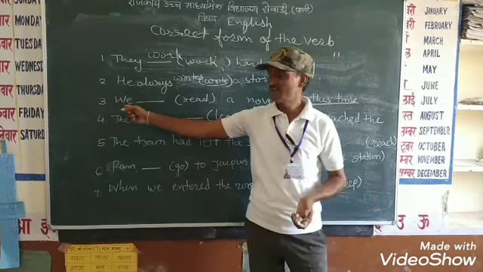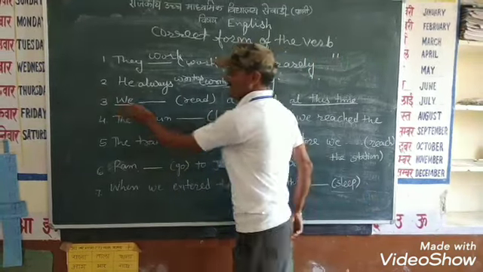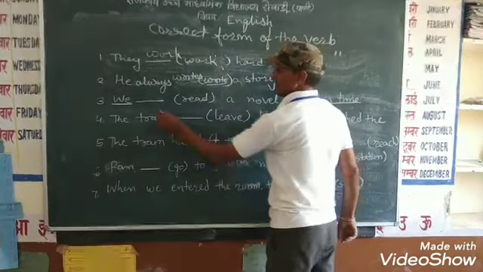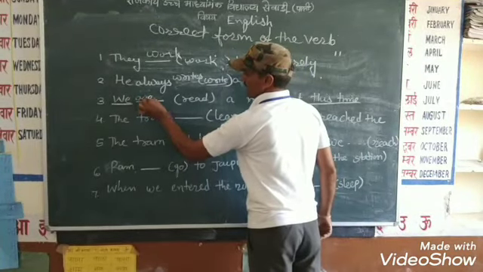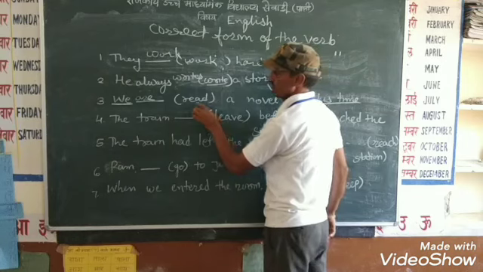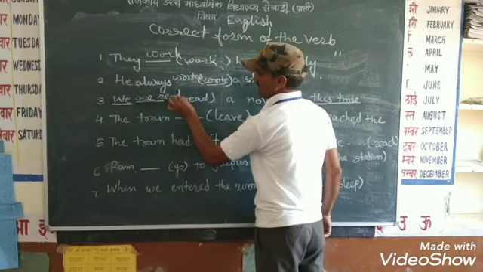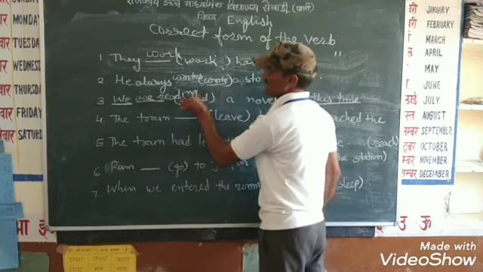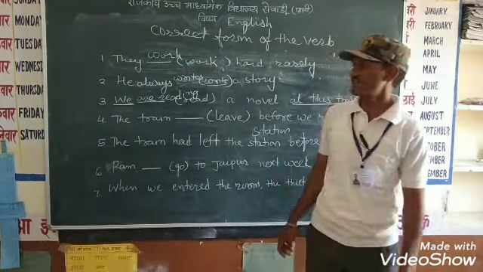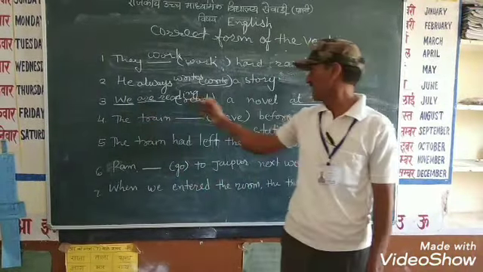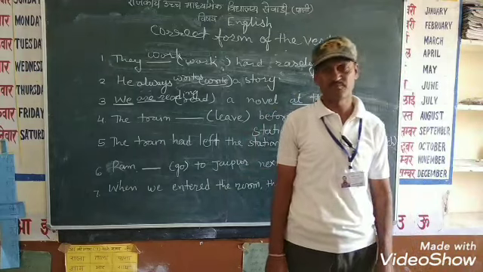Our subject is plural, so we use the helping verb are plus verb read plus ing. Then our answer will be, we are reading a novel at this time.